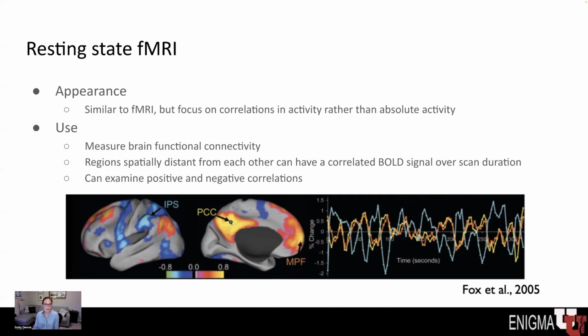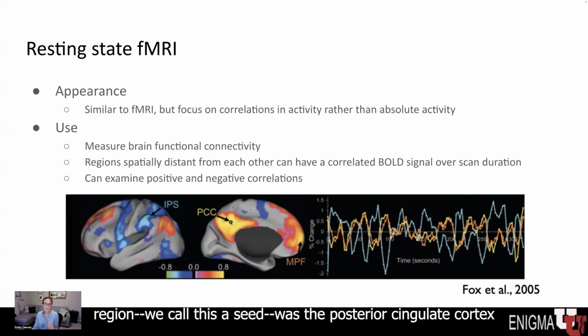So in this example, your starter region, which we call a seed, was the posterior cingulate cortex, and your question would be, where else in the brain does the activity over this 5-minute period have a similar pattern of activity to the posterior cingulate cortex? And it turns out that one of these regions is the medial prefrontal cortex.